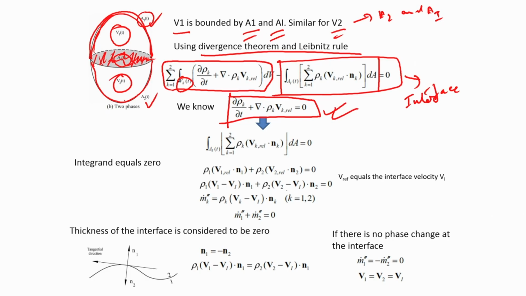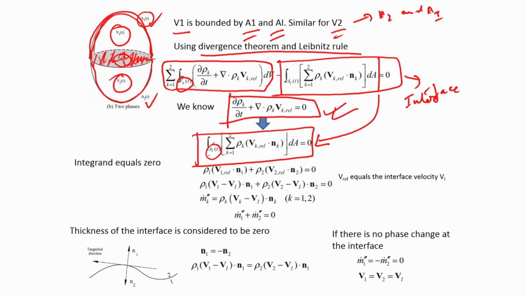However, this implies that this particular term, written across that interfacial area AI, must also be equal to 0, except that it is over AI.